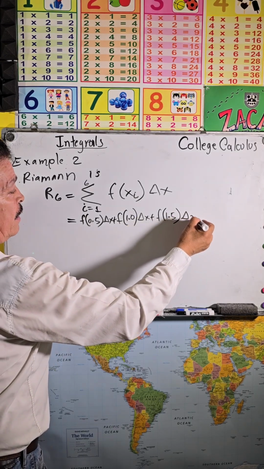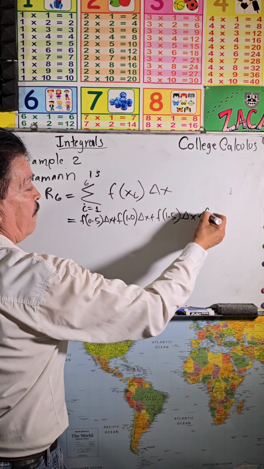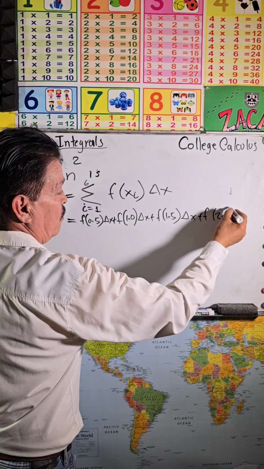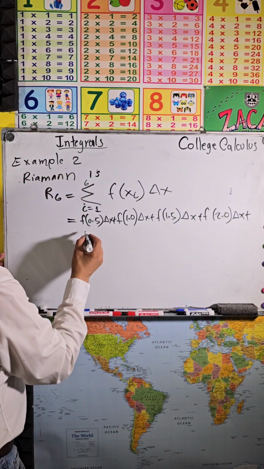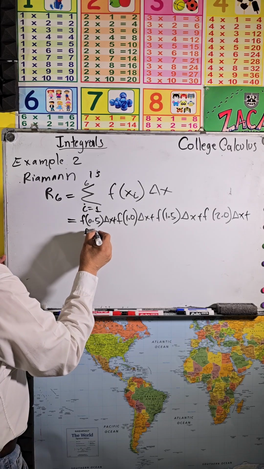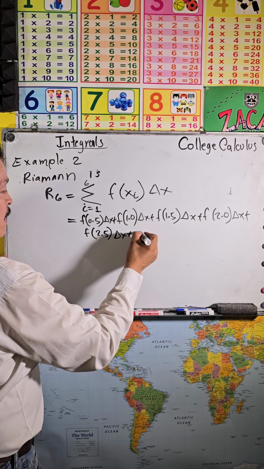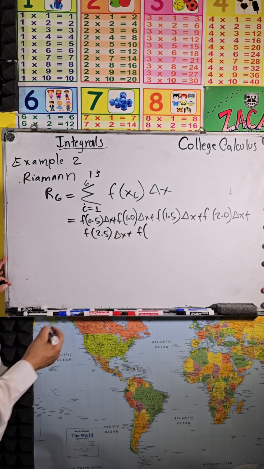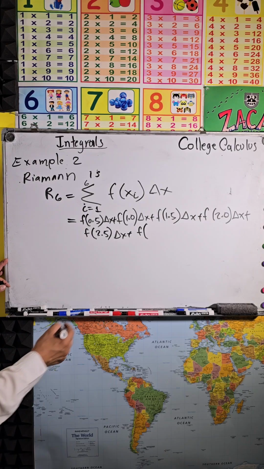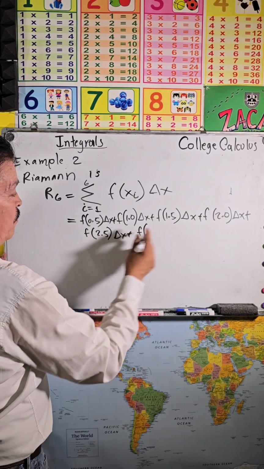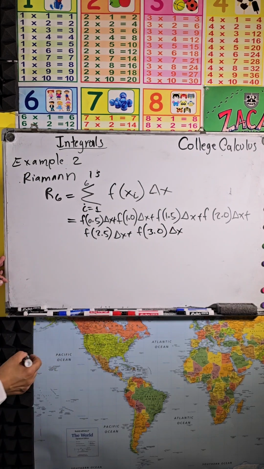Times delta x, plus, let's continue, f of 2.0 times delta x, plus f of 2.5 times delta x, plus f of 3.0 times delta x, all right?